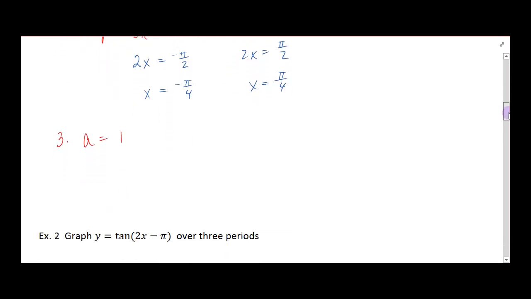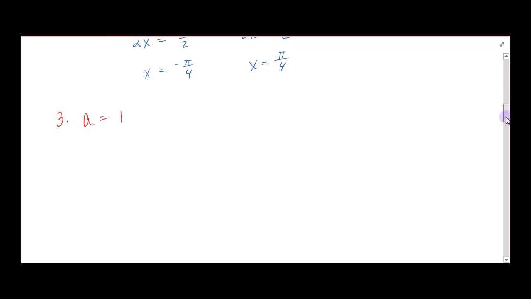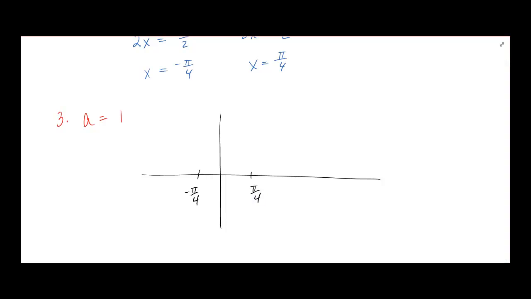So let's set up the graph using my asymptotes. We're going to draw the graph like this. I know that these are one set of intervals that I'm going to mark on my graph. So I'm going to put a negative and a positive pi over 4, and at those points I have vertical asymptotes.